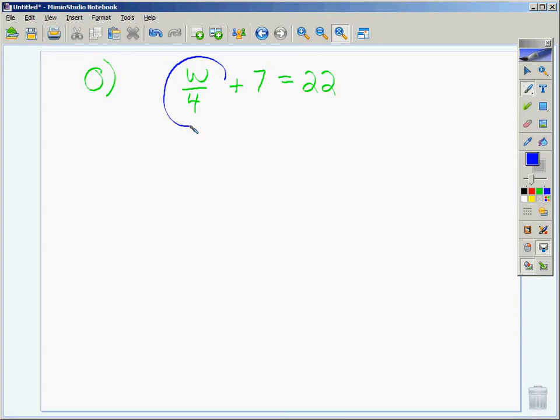I want to get this by itself. I have to undo what's happening to it. How do I undo addition? 22 take away 7 is 15.